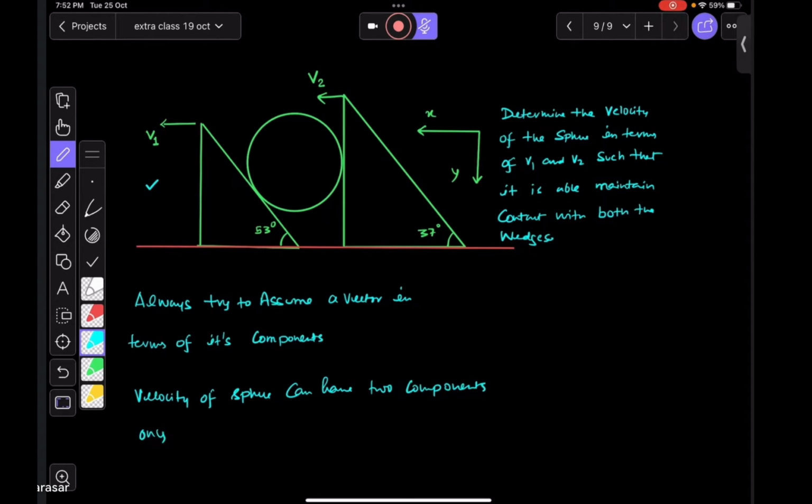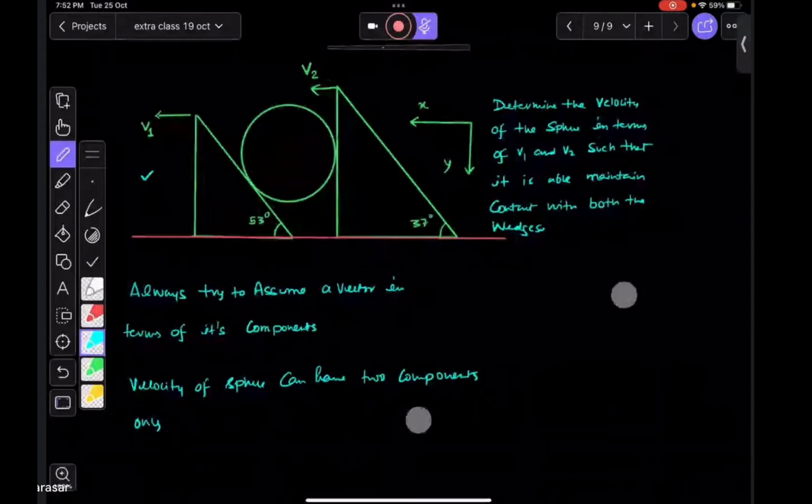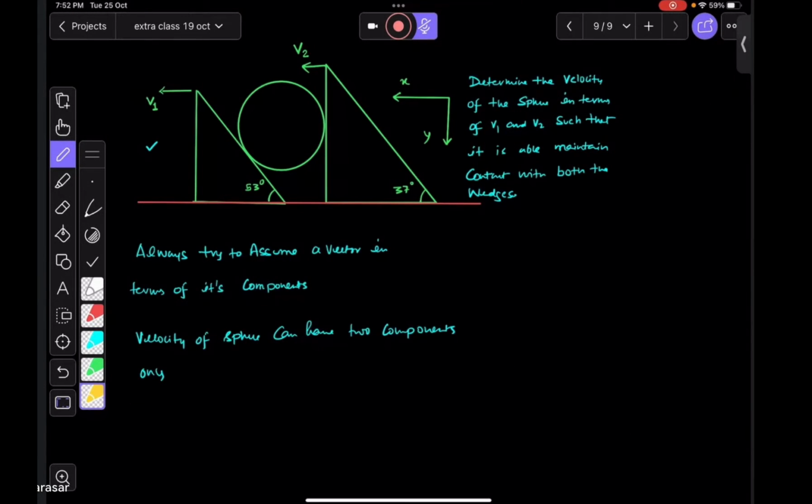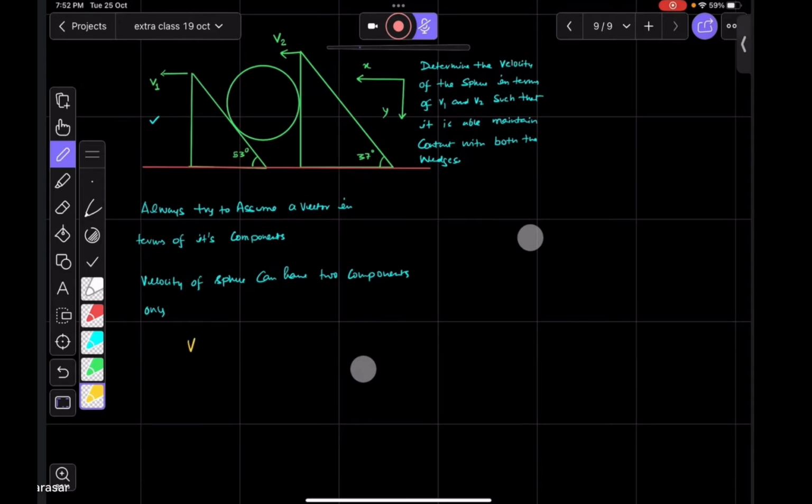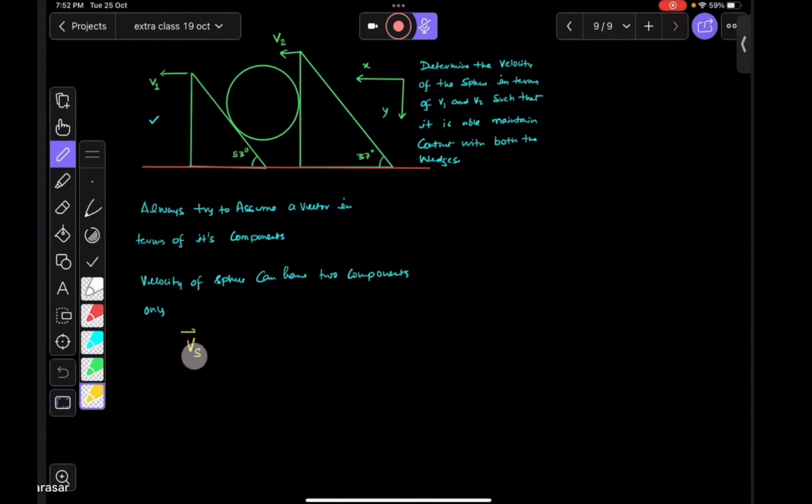So I'll assume that the velocity of the sphere is going to be Vx i cap plus Vy j cap. So we have got two unknowns, that is Vx and Vy. So we'll have to form two equations to solve it. No? And two equations will come from the two surfaces with which it is supposed to be making contact.